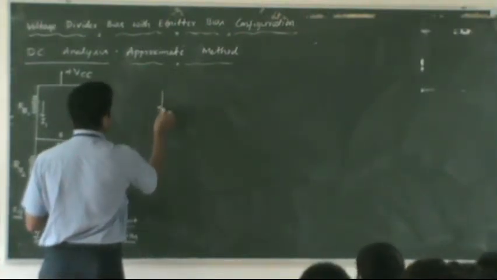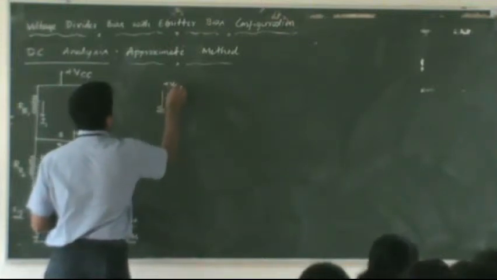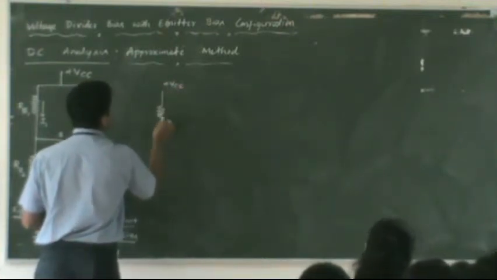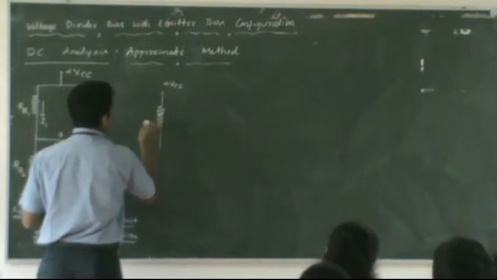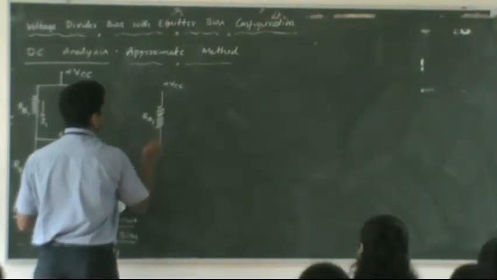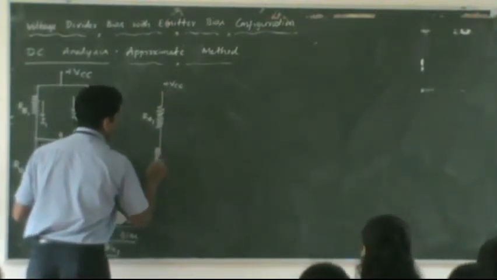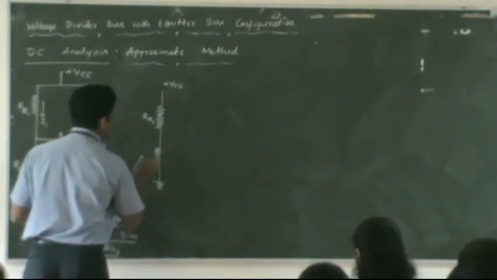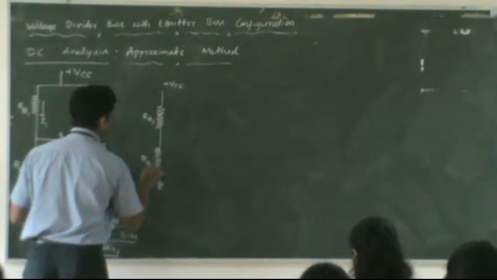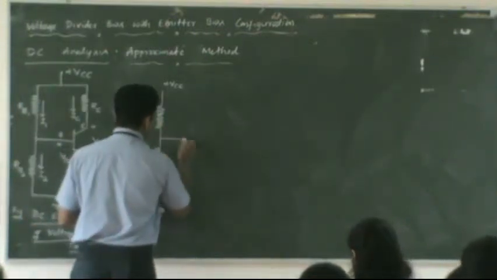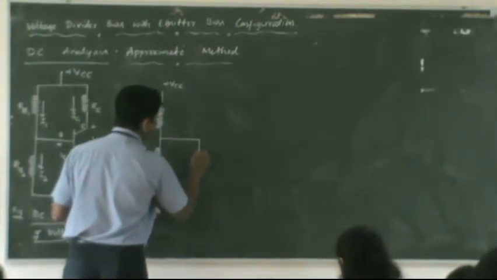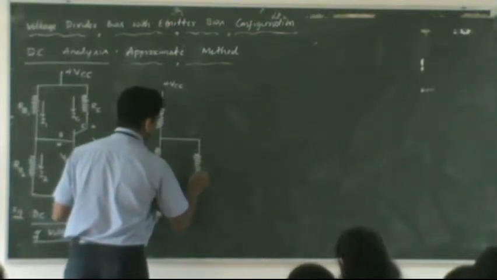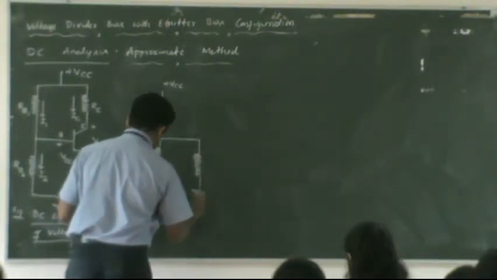Write the DC voltage source, which we indicate with plus VCC. And we have, as usual, the resistance RB1 and the resistance RB2 with the other end grounded. And here we have an equivalent resistance which I will write as RA.